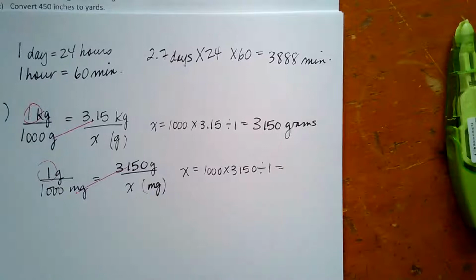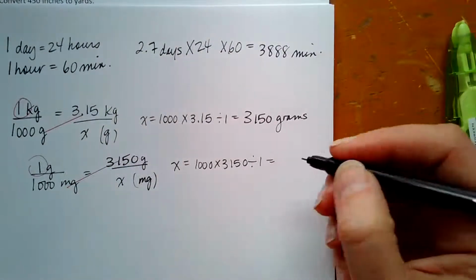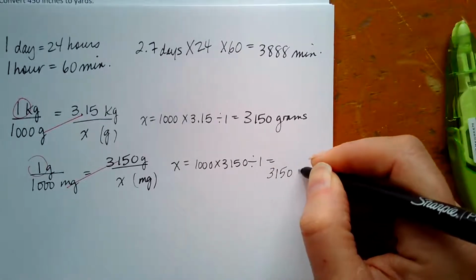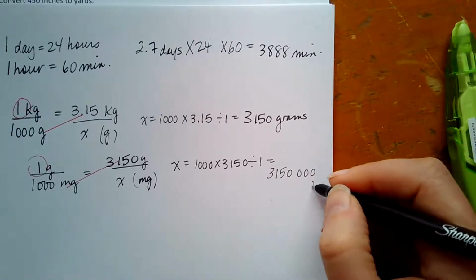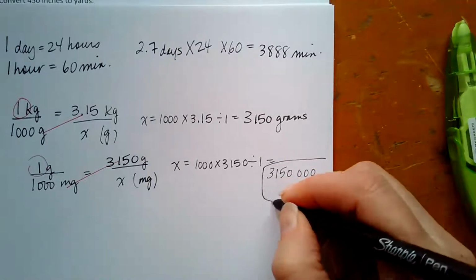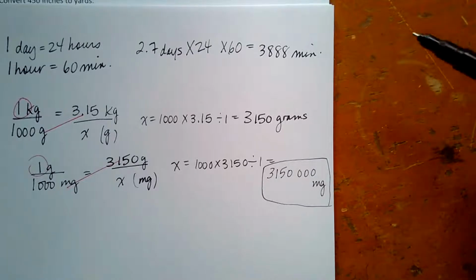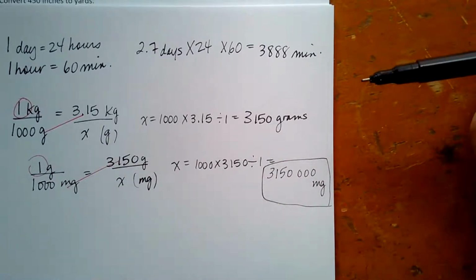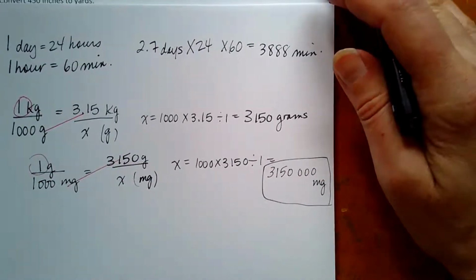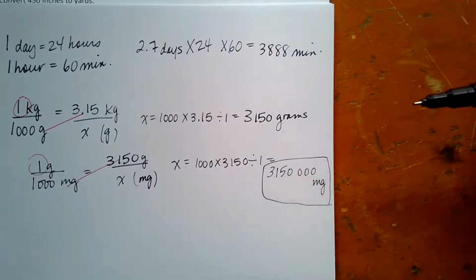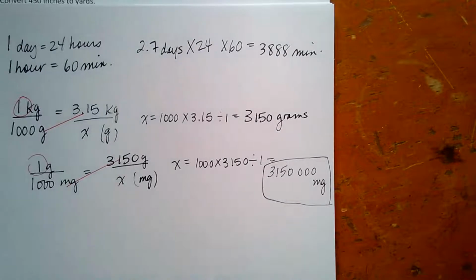If you have a really nice understanding of the metric system, you might want to just do the quick way and just keep multiplying by thousands, that's fine. I just find with these 2-step ones, especially when we get into the grams and milligrams, it can be confusing for people. So my final answer is 3,150,000 milligrams.